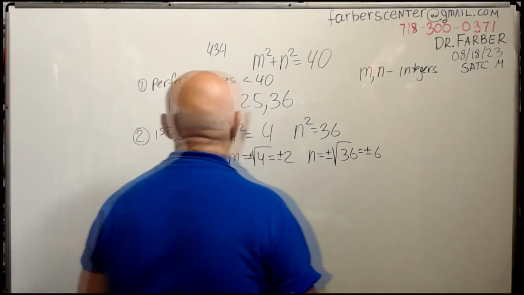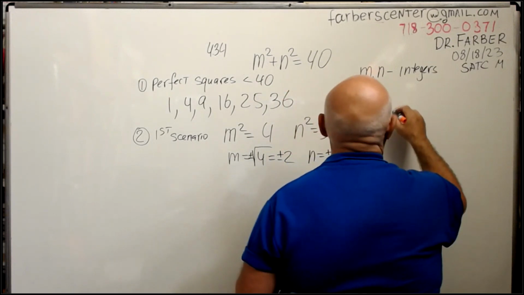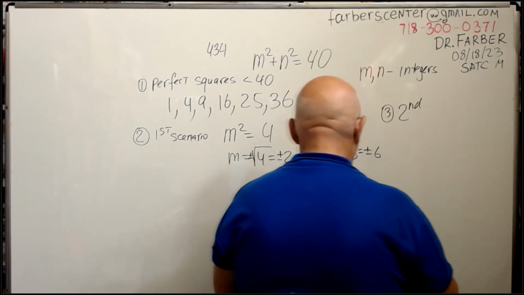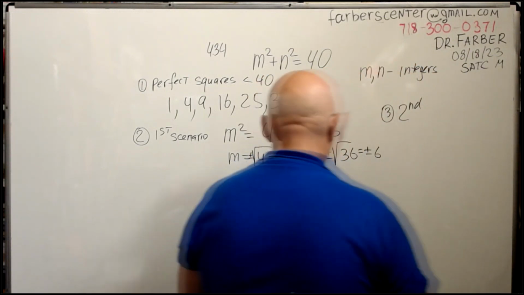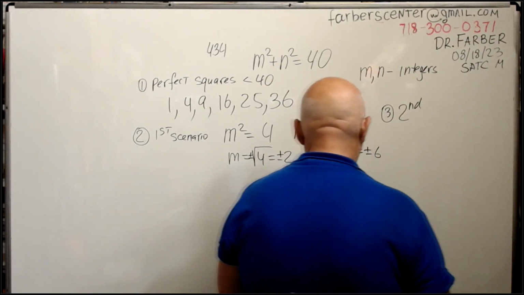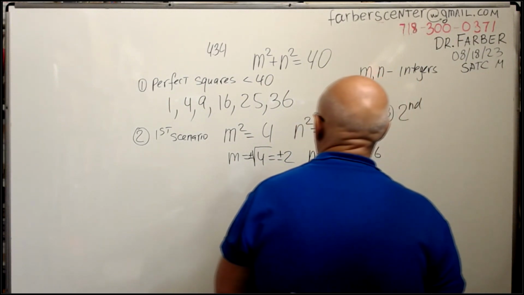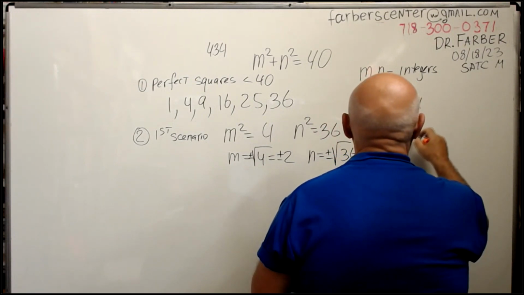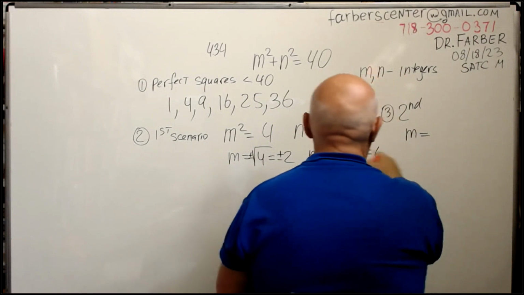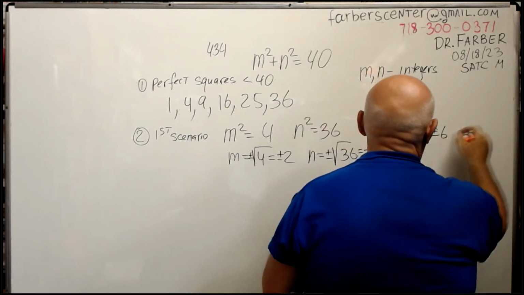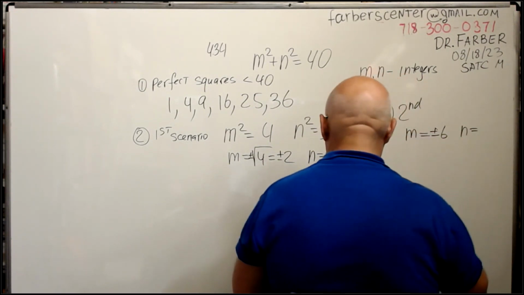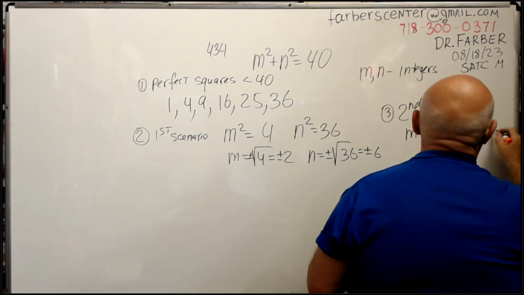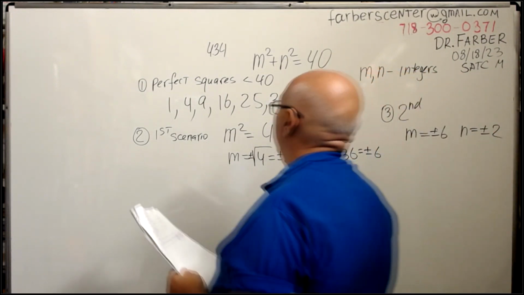Or the second scenario, the opposite, the other way around: m would be plus or minus 6, and n would be plus or minus 2. But this system is symmetrical. Let's consider one scenario and make a generalization.